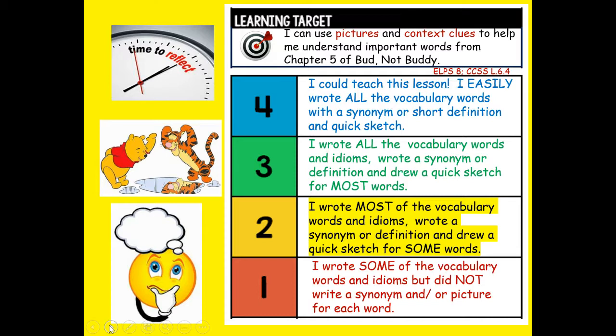And 1, I wrote some of the vocabulary words, but did not write a synonym or picture for each word. So I want you to give yourself a reflection grade, 4, 3, 2, or 1. And if you're in the 2 or 1 reflection, just take a little bit more time to finish writing your vocabulary words and drawing a sketch for each.